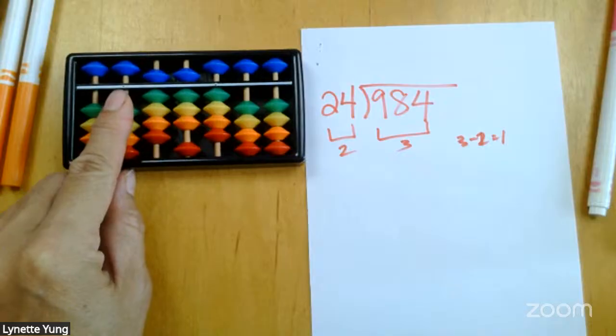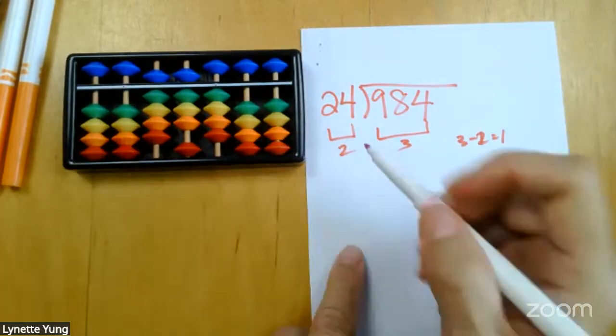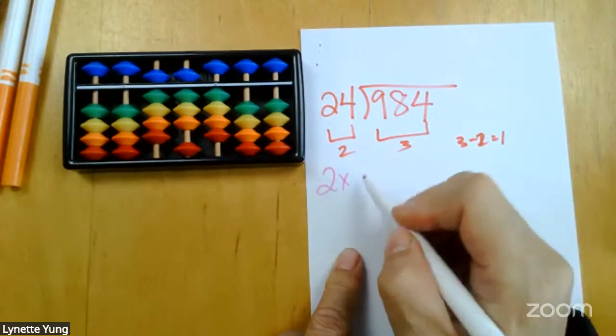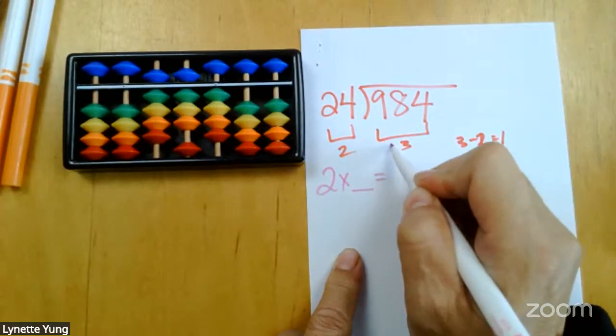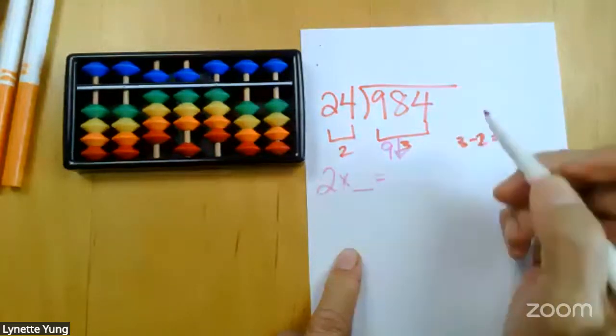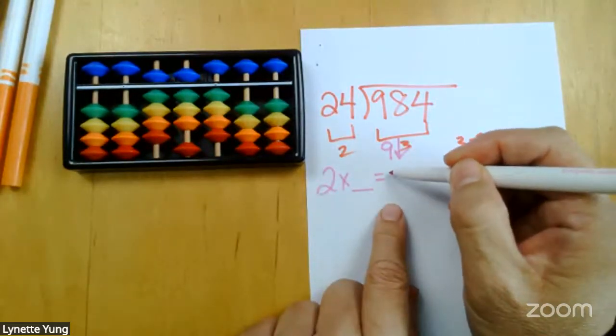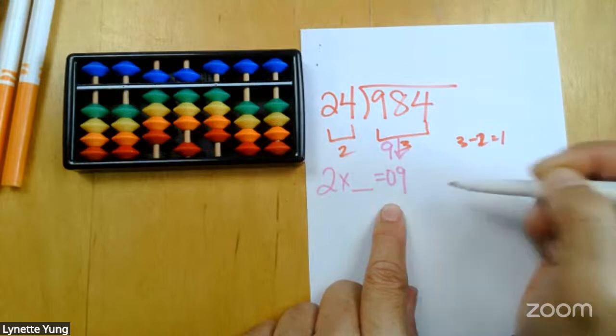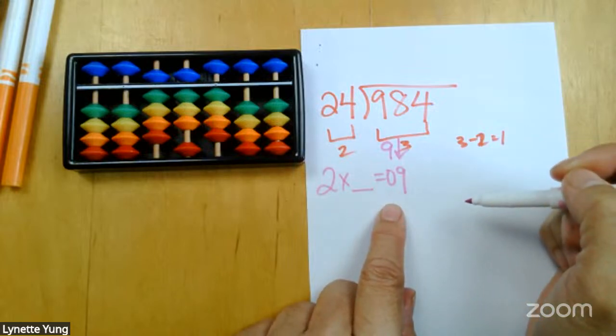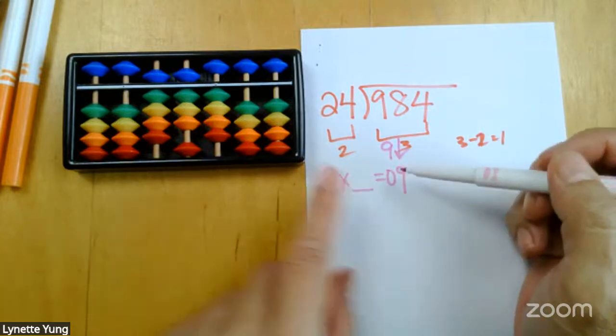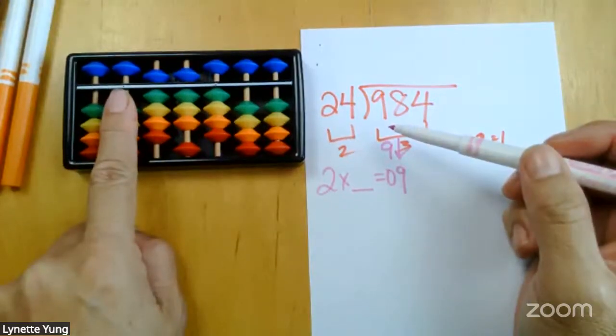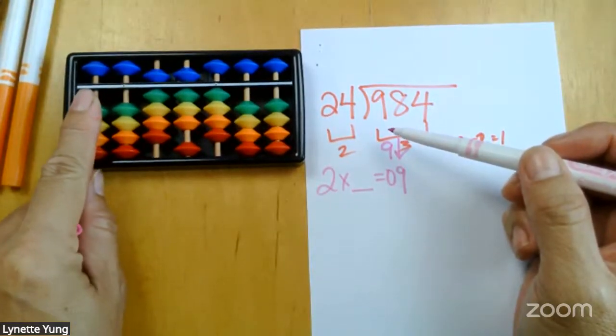Now we basically say 2 times what equals 9 or less. But remember, it's supposed to be 0, 9. That means instead of your answer here, your answer is going to be here.